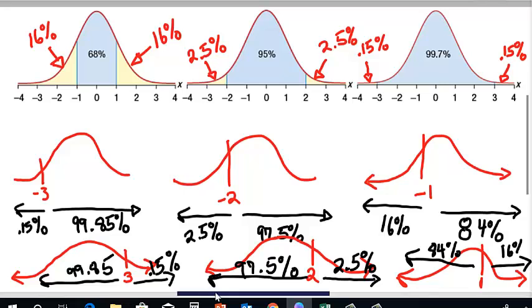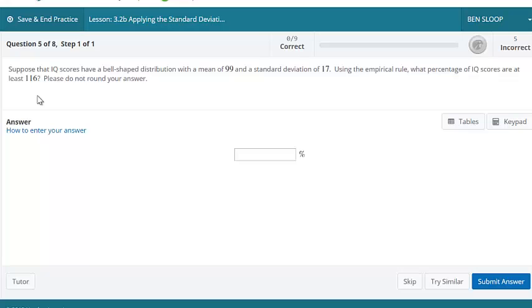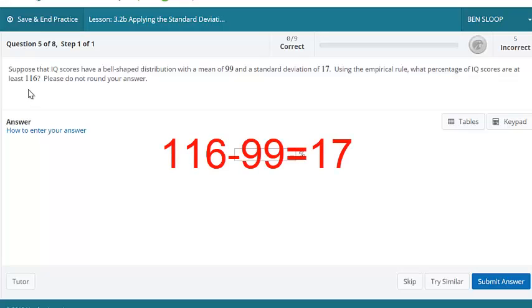So if I go here to my problem, I take the value, which is 116. I subtract off the mean of 99 and I get 17. I take that 17 and divide it by the standard deviation, which is 17, and I get positive 1.